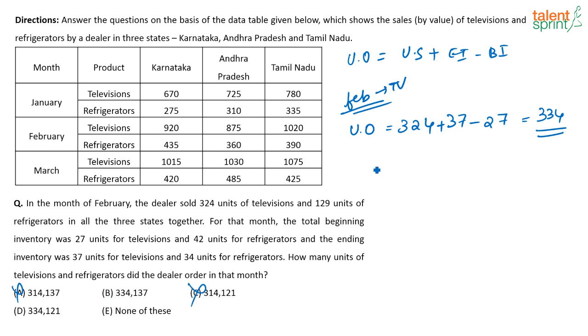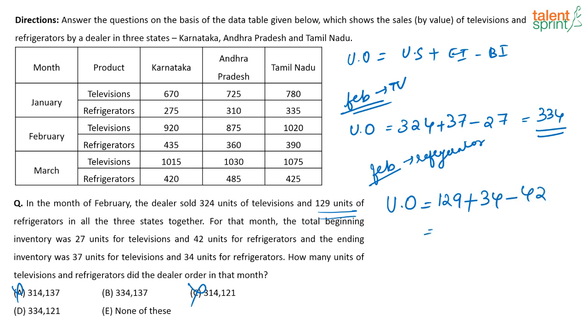Now similarly for the month of February, they are talking about refrigerators also. What will be the units ordered? The dealer sold 129 units of refrigerator. So units ordered is equal to the units sold, that is 129, plus the ending inventory of refrigerators, which is 34, minus the beginning inventory of refrigerators, 42.